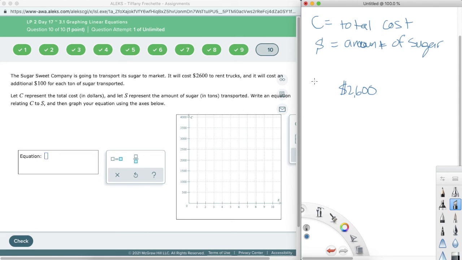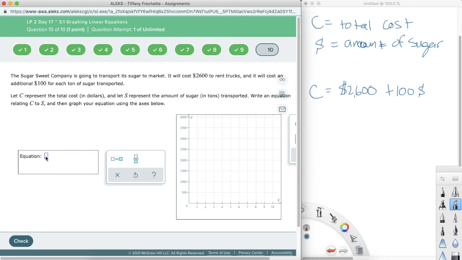So C, the total cost, is going to equal my no matter what, I have to pay $2,600, plus my additional fee. And remember, it's $100 for each ton of sugar. So I need to make sure that that gets multiplied. So here's my equation. Very similar to the last one we just wrote. In fact, it's almost identical as far as the pattern there. I'm just updating the numbers.